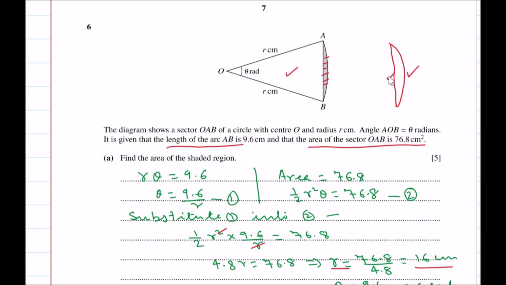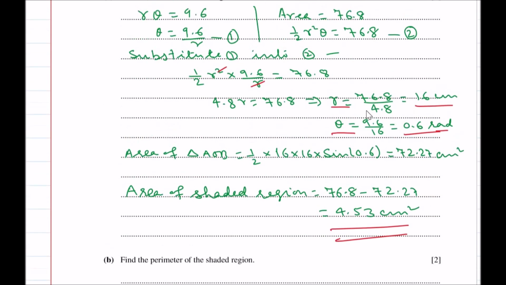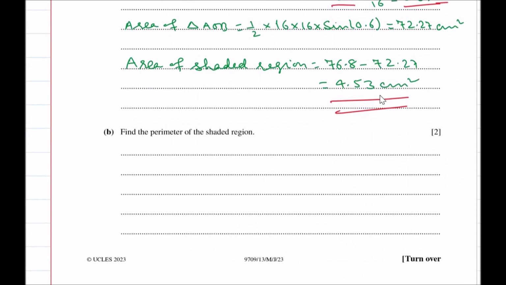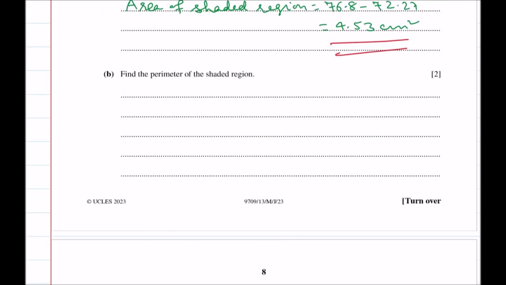This arc length is given, but the side length AB is not given. So we need to find this length of AB. And how can you find that? In this triangle, we need to apply cosine rule to find this side length AB. So let me show you. Let me find AB.